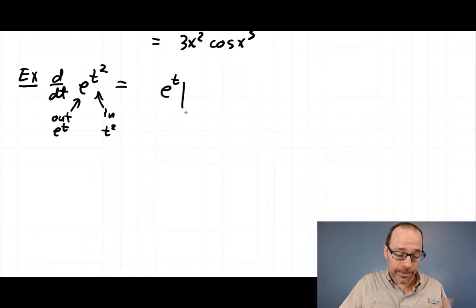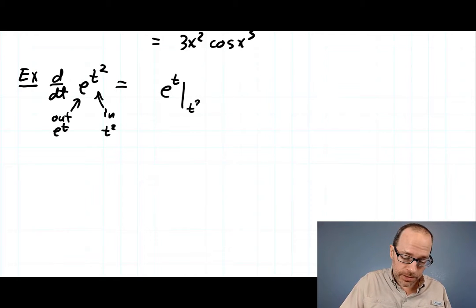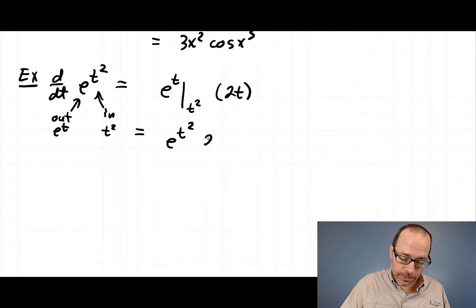You have to plug in the inside part, which is t squared, and then you multiply by the derivative of the inside, so that's 2t. So what you get is e to the t squared times 2t. Yeah, people usually put the 2t first. It just looks prettier.